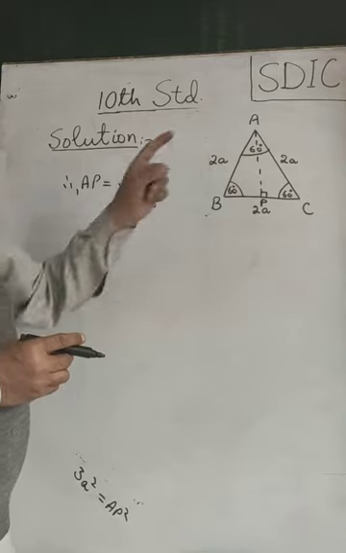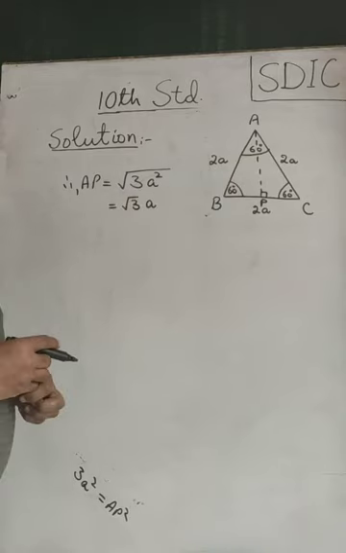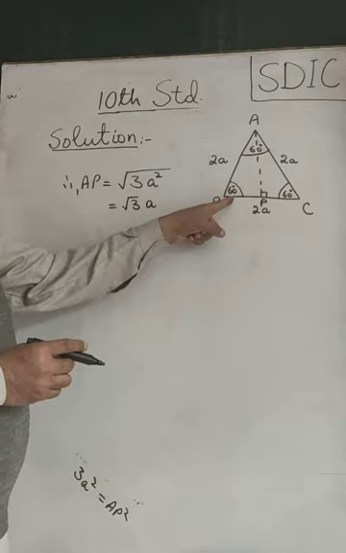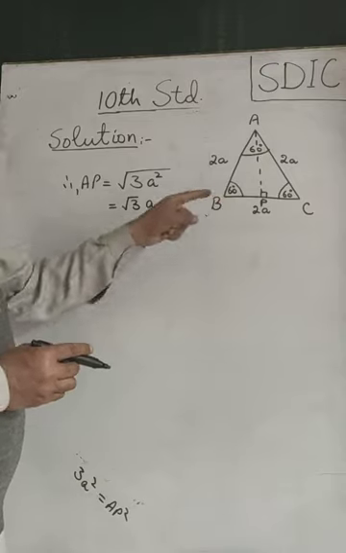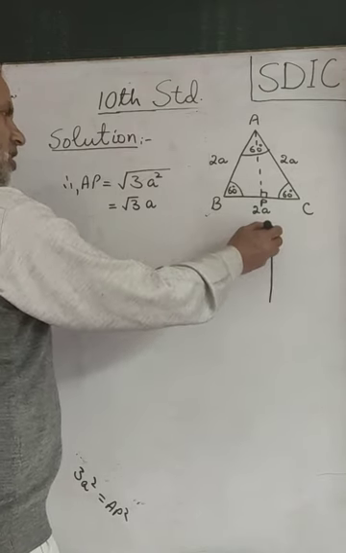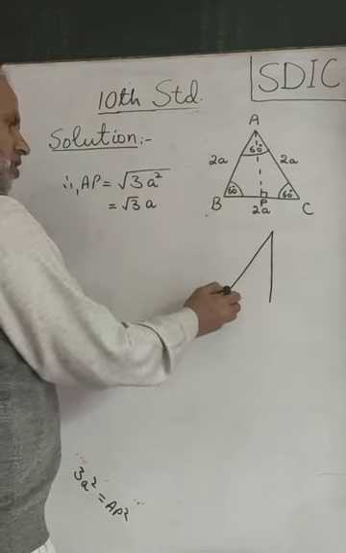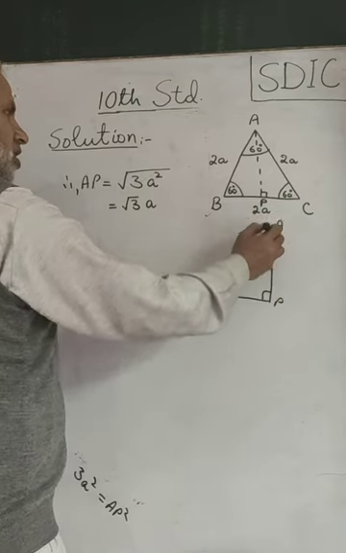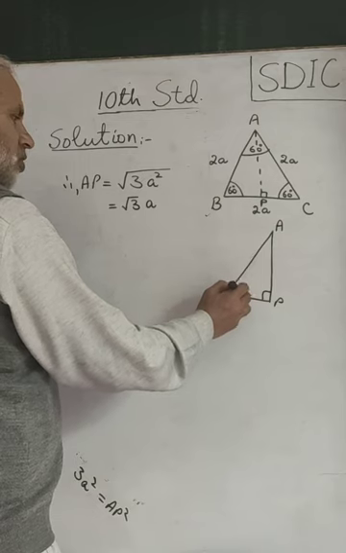Now knowing all the sides of this triangle, we'll use definitions to find trigonometric ratios of 60-degree angle. With respect to this 60-degree angle, if we draw this right triangle here roughly, this is P, right angle here, this is A, this is B, and this angle we have 60.